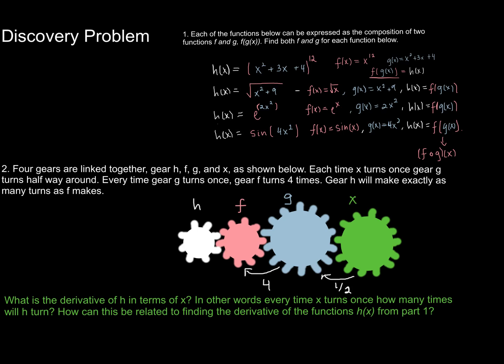And so to compute the number of turns that h will make, in other words, h prime, we need to think about how many times f will turn in terms of g, in other words, f prime with respect to g, and we need to multiply that by the number of times that g will turn in terms of x.